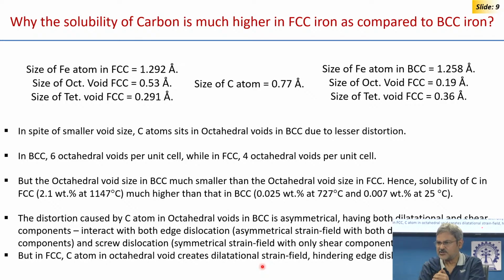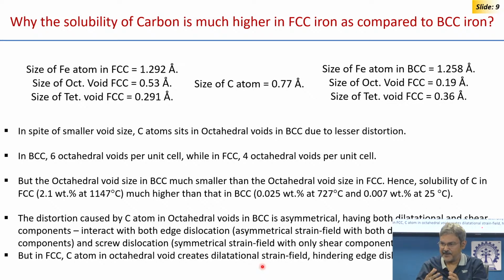So, screw dislocation will be hindered by the carbon atom in BCC, because its strain field contains shear components, whereas in FCC it is a dilation component only, and you know dilation component is there only in edge dislocation, dilation and shear both in edge dislocation, right.